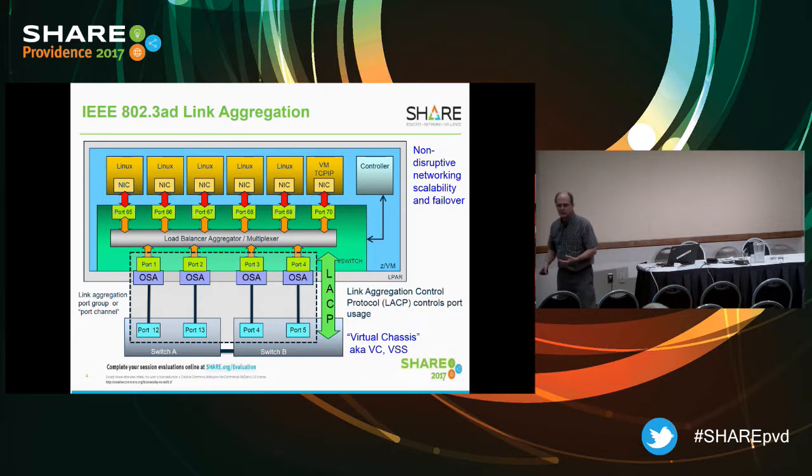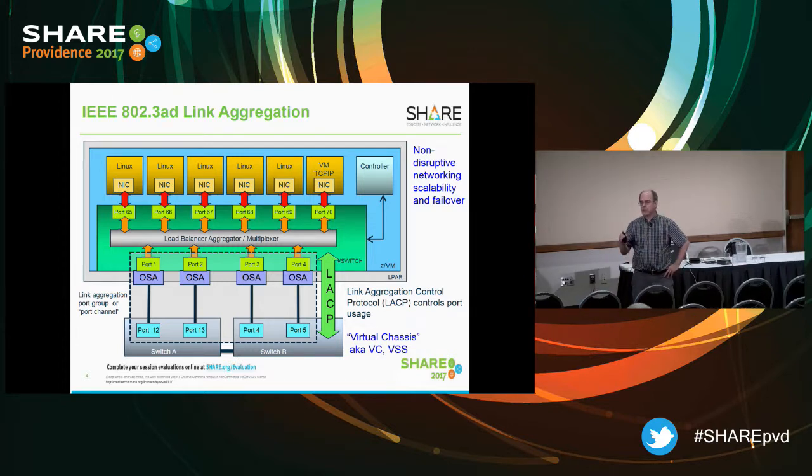In the normal case, these things are communicating. I have a command I can issue, which I'll show you, that says remove port 1 from the link aggregation group, from the port group. It communicates with the other side and says, I'm going to remove port 1 from the port group. Are you okay? Let me know when that's okay. The other side says, I've taken all the traffic that was going to come in on that port and requeued it somewhere else.